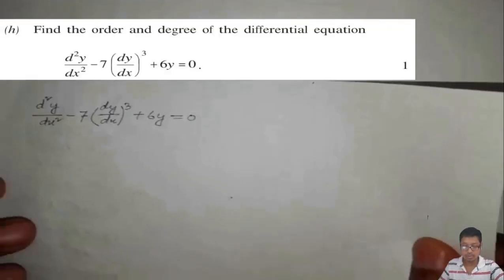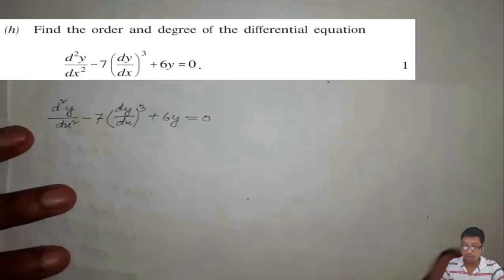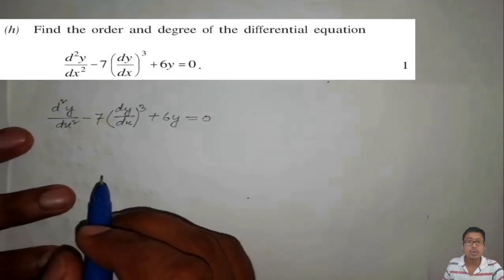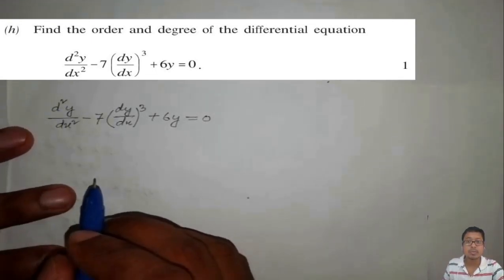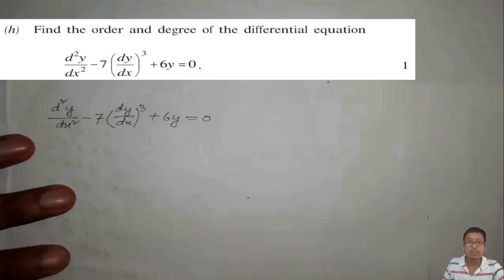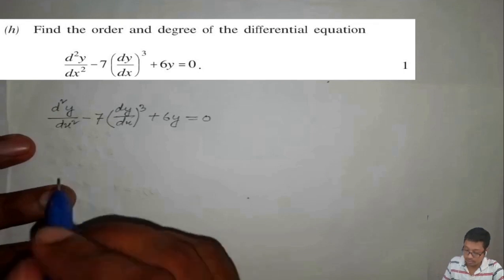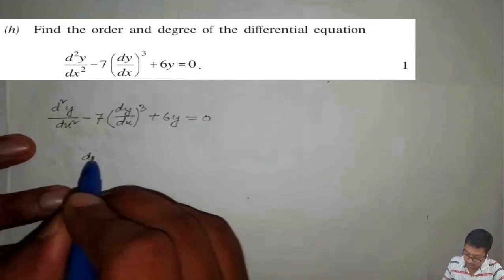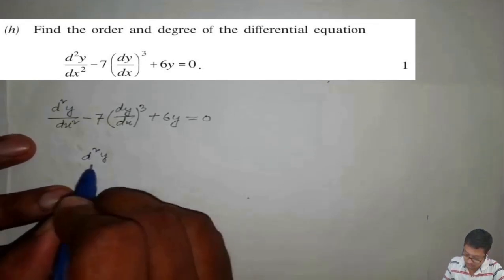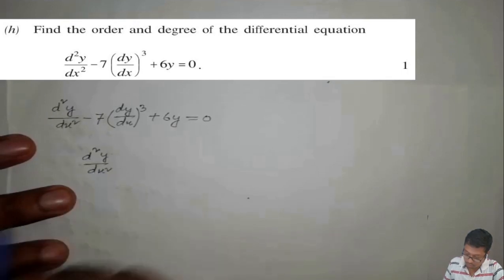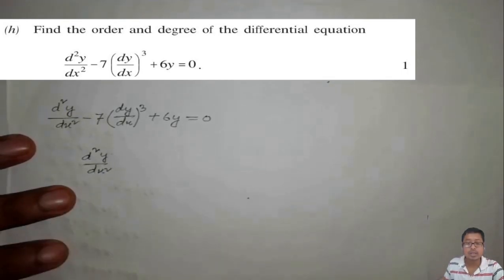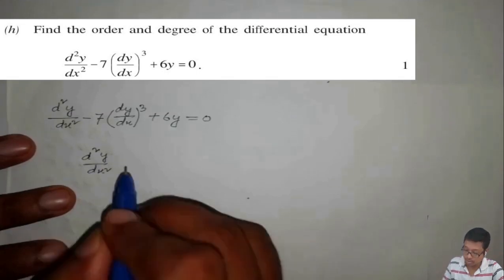And this is the differential equation, and we are asked to find the order and degree of this differential equation. If you want to find the order, take out the highest order derivative, that is d2y/dx2. This is the highest order derivative that exists in this differential equation.